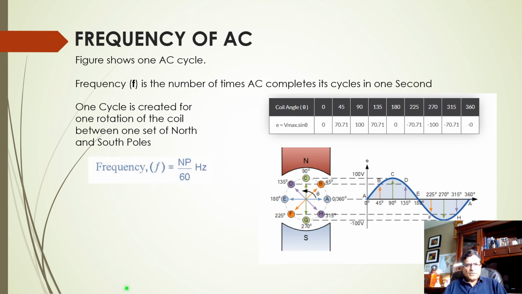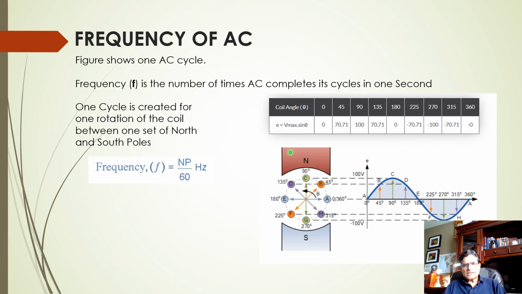And frequency F is calculated by this formula. N is the speed in RPM, revolutions per minute. P is the number of poles, divided by 60. 60 is simply to convert this RPM into RPS, revolutions per second. So N is in revolutions per minute, and there are 60 seconds in 1 minute, so divided by 60, the value becomes per second.